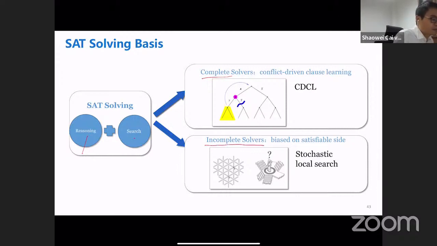And incomplete solvers, usually stochastic local search, are biased to the satisfiable side. They can only be used to find a solution. If they cannot find a solution, we also cannot say anything about unsatisfiability. So we have these two kinds of solvers, and in the following I will introduce both.